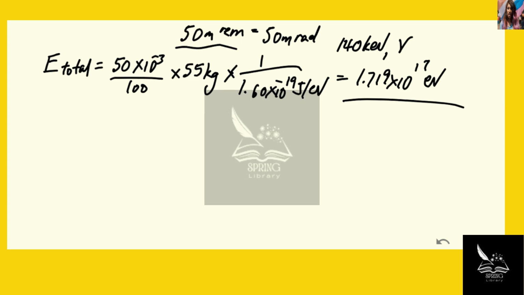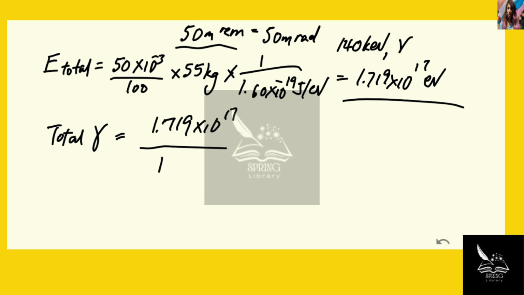Now we're given that half of the gamma photons don't interact with anything, so the total gamma rays that can be emitted by the sample would be equal to 1.719 times 10 to the power 17 divided by 140 times 10 to the power 3 eV, and multiply this by 2, right?